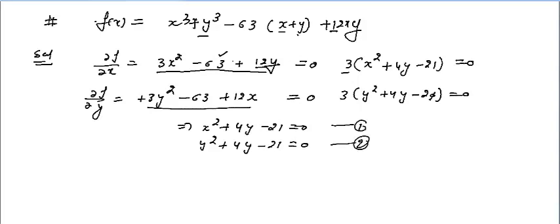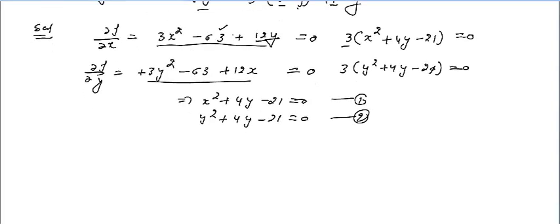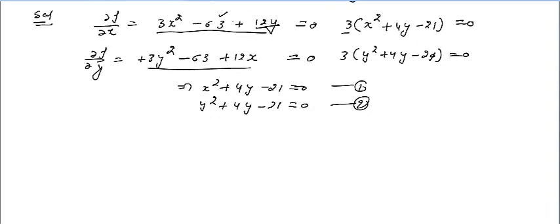Now when you subtract these equations, here is the x, here is the y, here is x, here is x. You can subtract 2 minus 1, or 1 minus 2, it is up to you.